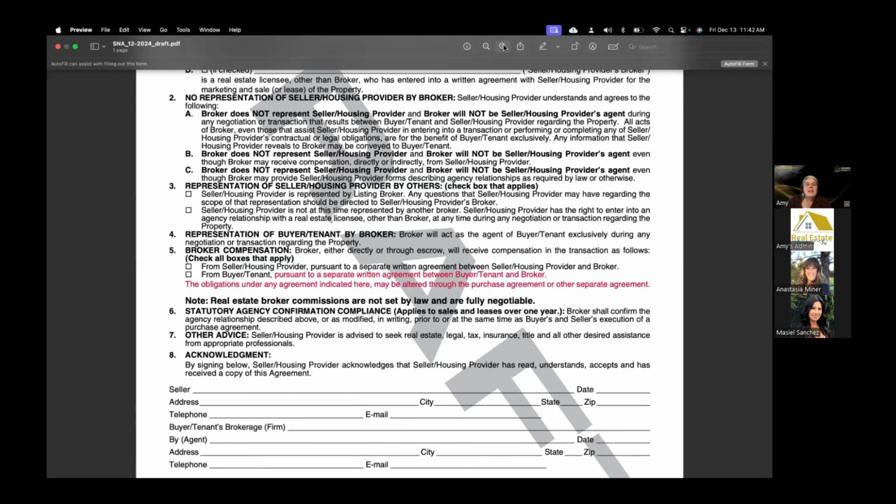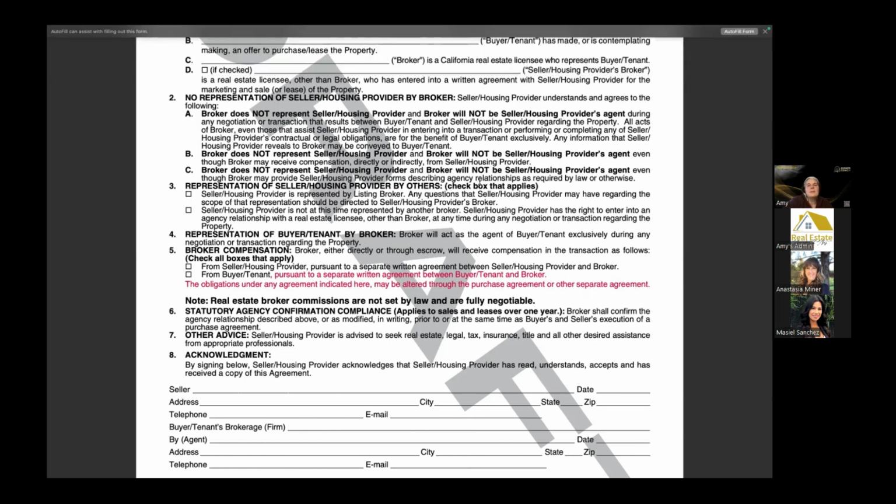It says broker compensation: broker, either directly or through ESCO, will receive compensation in the transaction as follows: from the seller or housing provider pursuant to a separate written agreement between seller and housing provider and broker, or from the buyer or tenant pursuant to a separate written agreement between buyer and broker. The obligations under any agreement indicated here may be altered through the purchase agreement or other separate agreements.